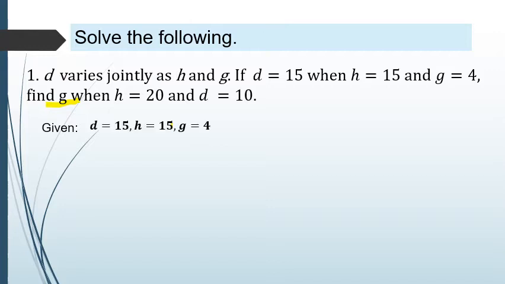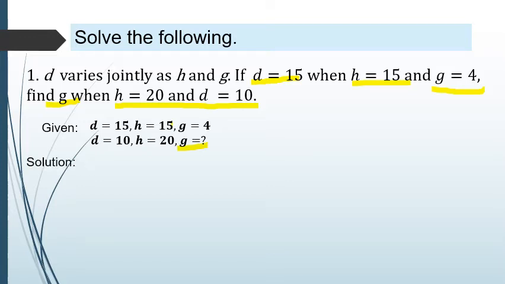Ang given ay D equals 15, H equals 15 and G equals 4. For the second given, meron pa tayong D equals 10, H equals 20. Tapos, this time, kailangan natin makuha ang value ng G.